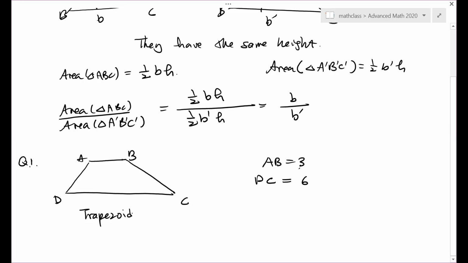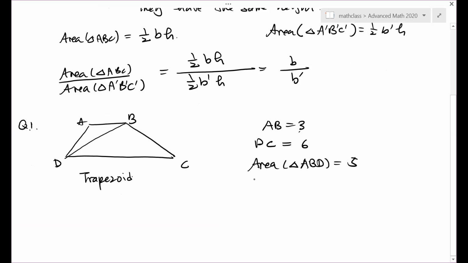I also know the area of the triangle ABD, the one on the top, is 5. We want to find the area of the triangle at the bottom.